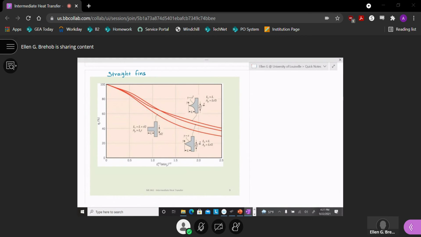And they are showing this x-axis has corrected length. And they give the corrected length we just talked about for a rectangular cross-section. It gets modified a little bit. But if you look at all of these other two cases, so this is the parabolic, and this is triangular, there is no change to the corrected length.